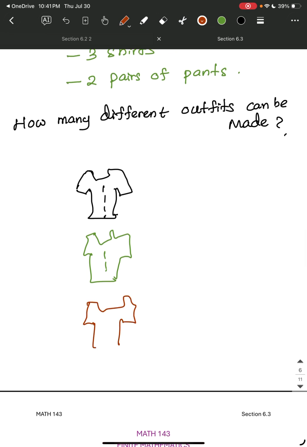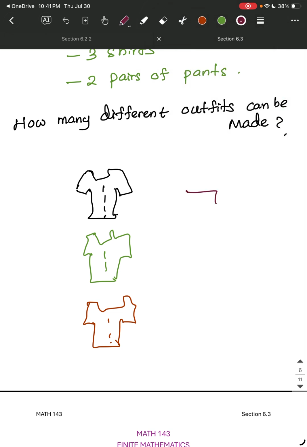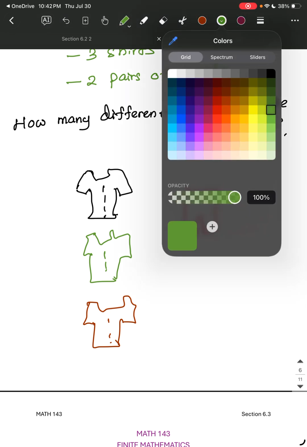Also, we have 2 pairs of pants, 1 and 2.